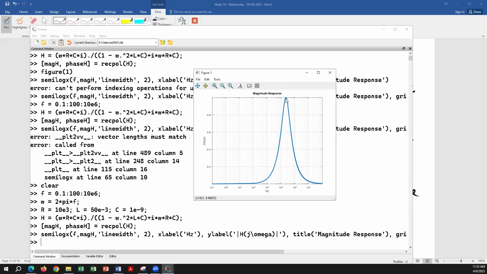The center frequency from the plot is about 22K, 22.3K, close to that. Of course, it's not accurate. 23K, something like that.